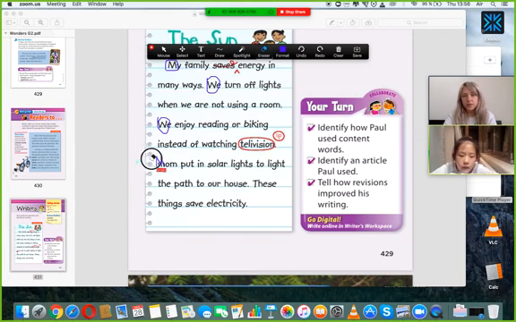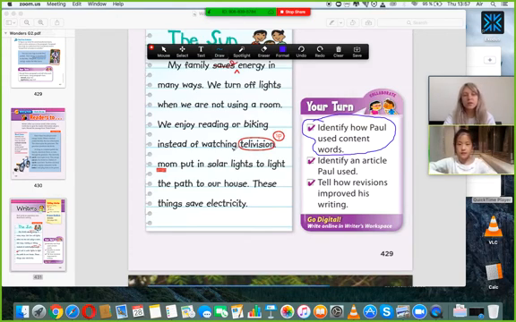Now let's see what tasks do we have. It's here. Indicate how people use connect words and content words.